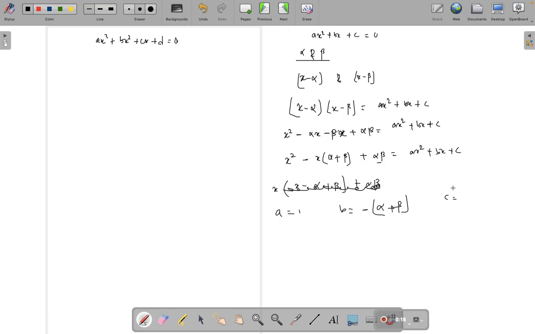But you cannot say directly that a is 1, because it will have some value, obviously.